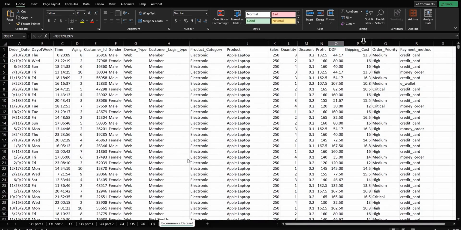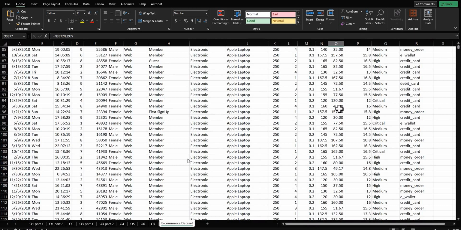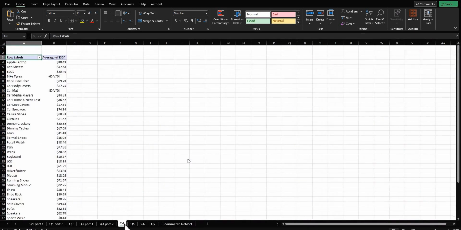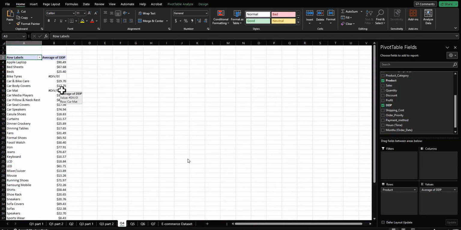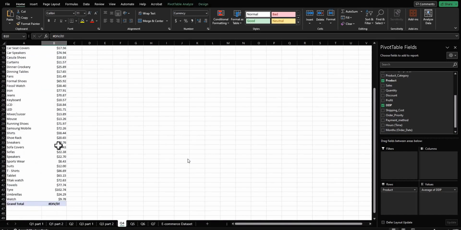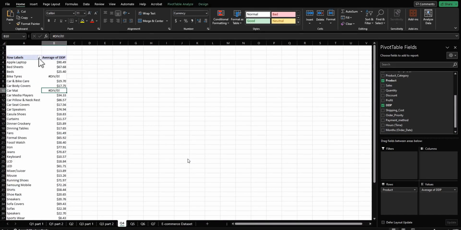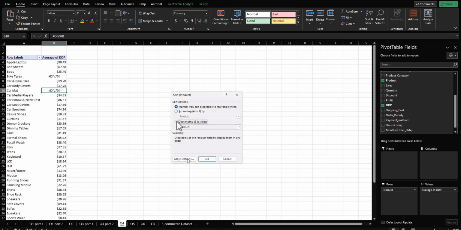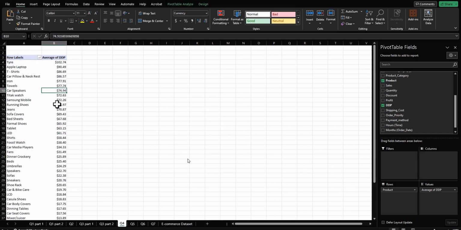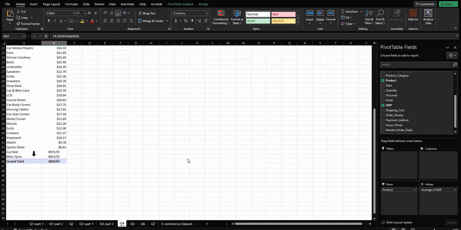Let's see. I don't know. This is weird. But let's try that. Let's sort this by average of DDP. For whatever reason, the CarMat is having a problem.